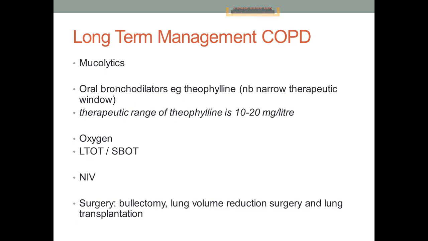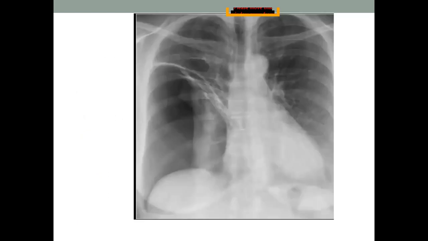And oxygen: long-term oxygen therapy, LTOT, short burst oxygen therapy, SBOT, and home NIV, non-invasive ventilation. And we have surgical options in the form of bullectomy, lung volume reduction surgery, and lung transplantation. So these are the long-term management of COPD.